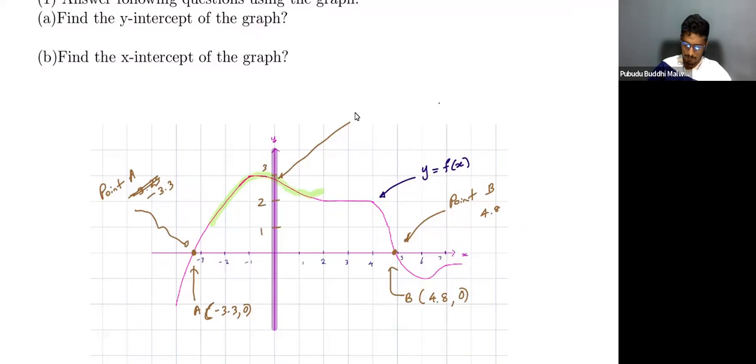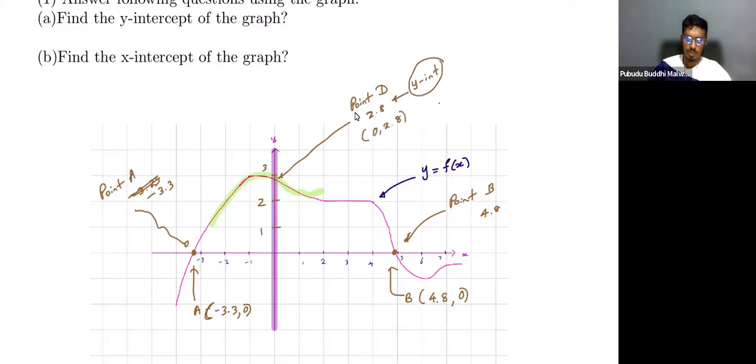You will see proper graphs in your exams, not like this, because I drew this one roughly. So that is, let's say point D, the y-intercept point. The x value equals 0, but the y value is 2.8. So that's the y-intercept. But as a coordinate, we can write 0, 2.8.